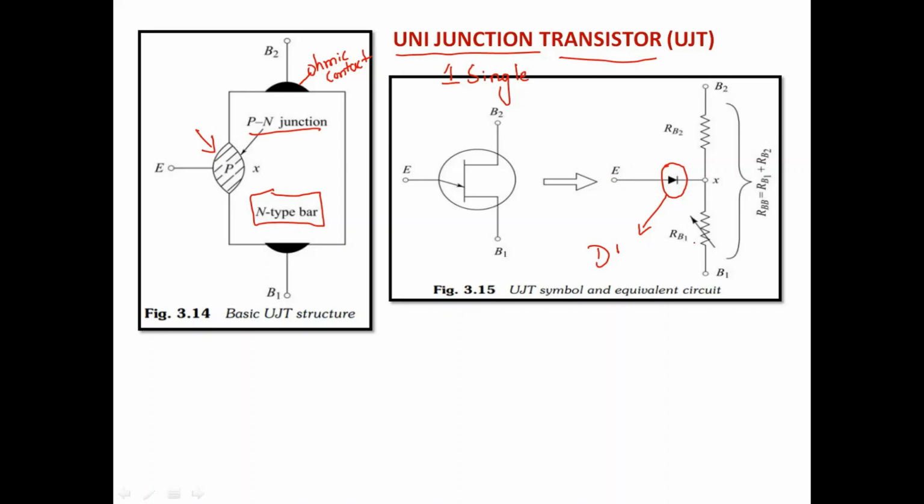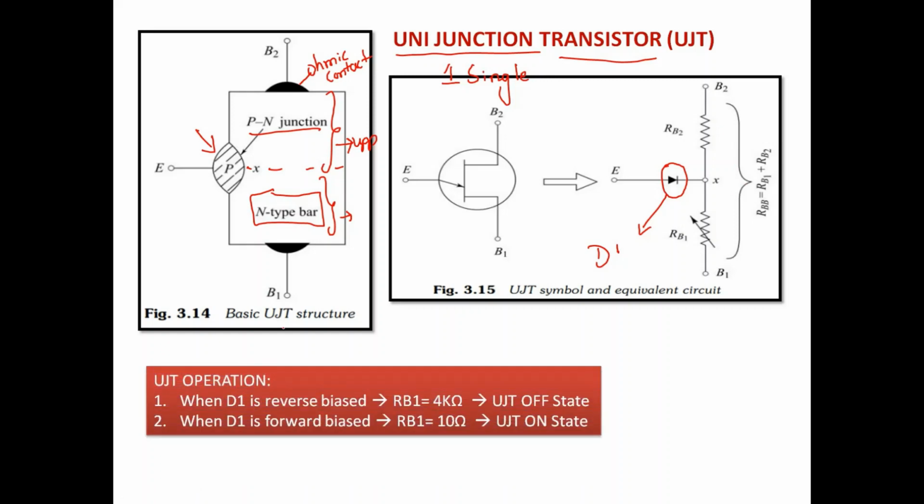There is a difference in the resistance found in the upper N-type bar and the lower N-type bar. You may find two different resistors. These two different resistances are explained in the UJT operation. It is very simple to understand the behavior of the UJT.